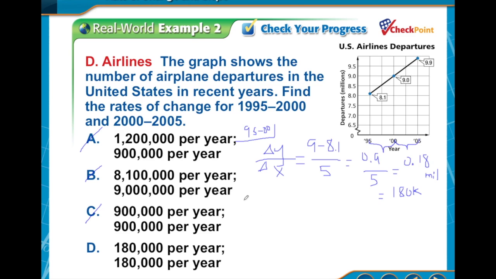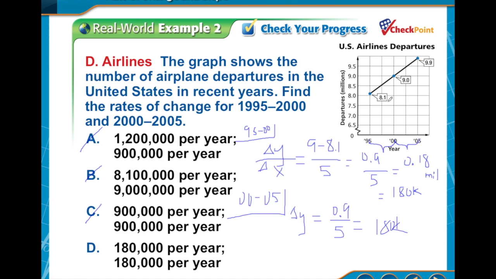If we want to go back quickly and double check, from 2000 to 2005, our change in y is going to be from 9.9 to 9.0, which is 0.9. And 5 years went by as well. So we see here we get the same expression. So this is also going to be 180,000.